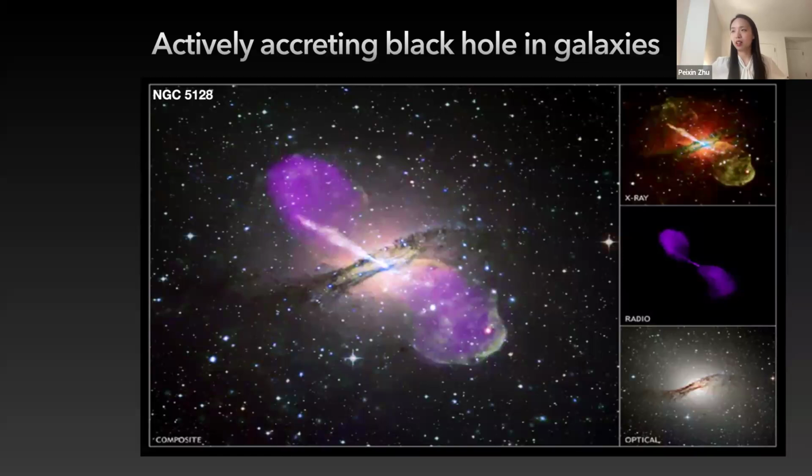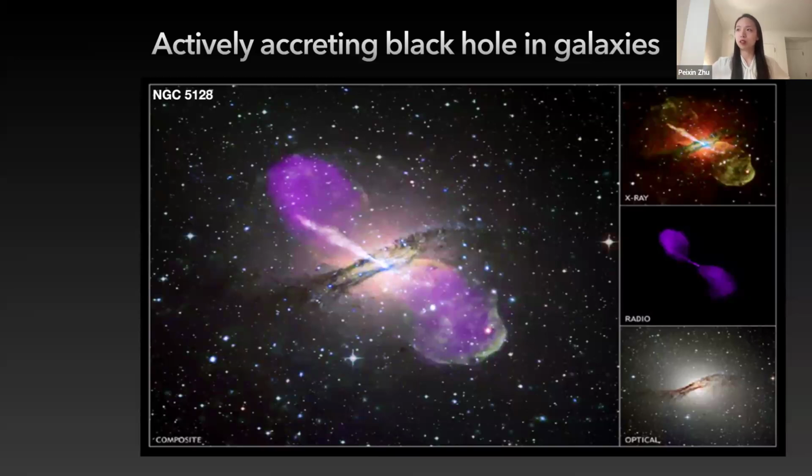We usually use the Eddington ratio. And in these galaxies, the Eddington ratio could be quite high, almost comparable to 1. An Eddington ratio equal to 1 means that this galaxy is accreting at the maximum limit allowed by current theory.